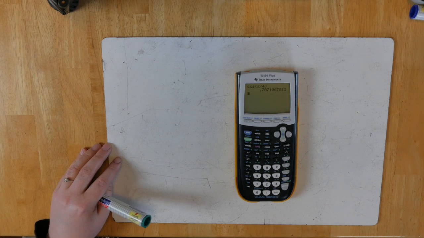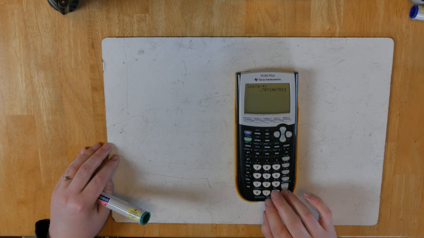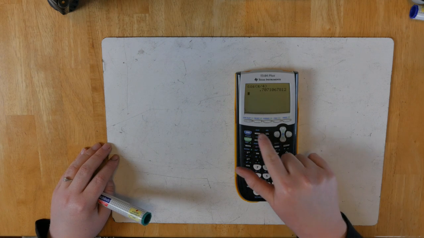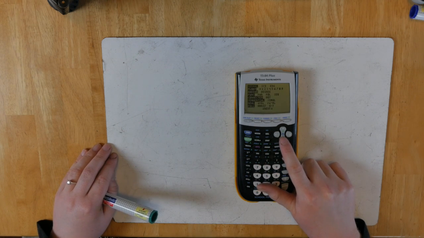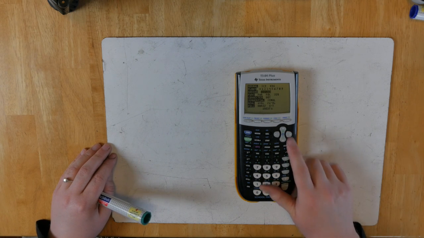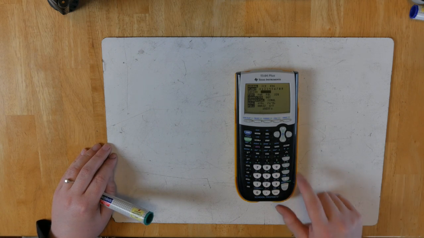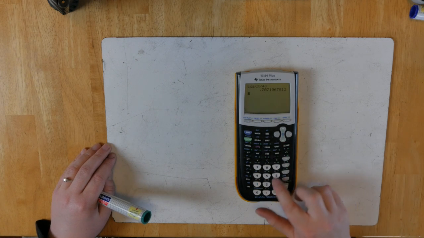However, if I want to calculate that same angle for cosine in degree measurement, and get the correct answer, I'm going to have to first go to mode, go down 2 rows to the 3rd row, go over to degree and hit enter, where degree is now highlighted. And then I can hit clear.